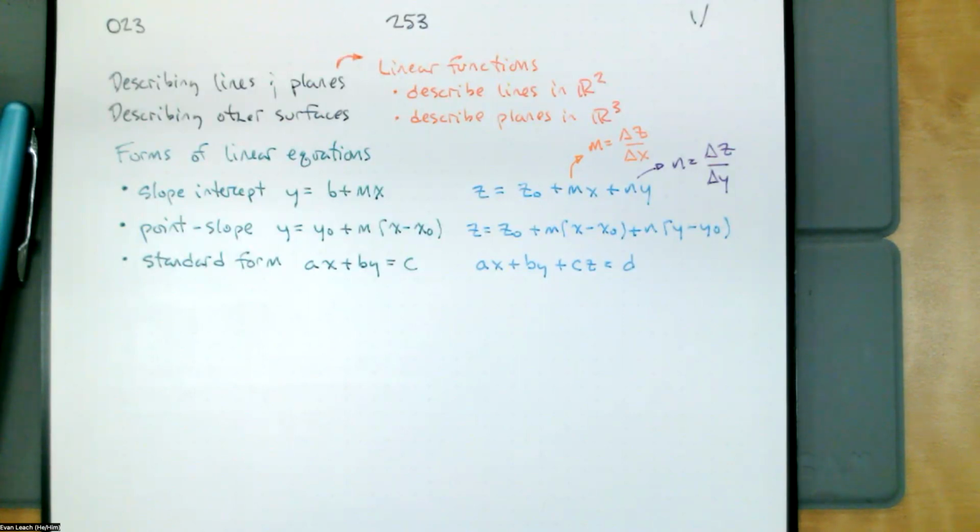What are A, B, C, and D? What do they tell us with respect to the function, or with respect to our plane or line? So that's one of the things that we want to look at today. What do the coefficients in standard form tell us about the plane?